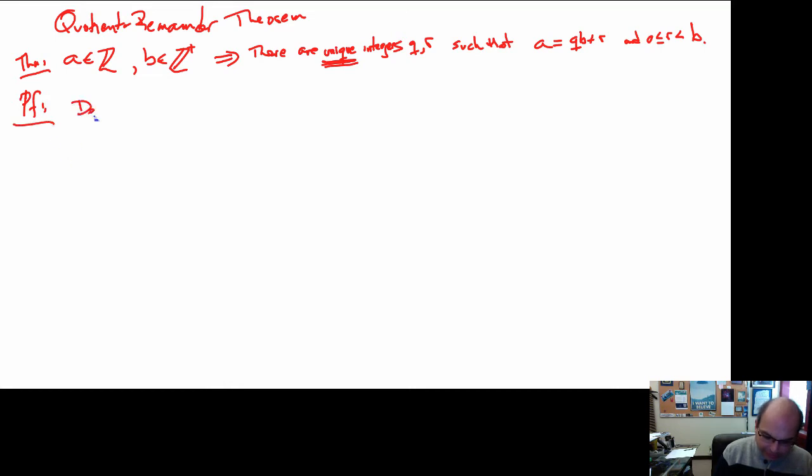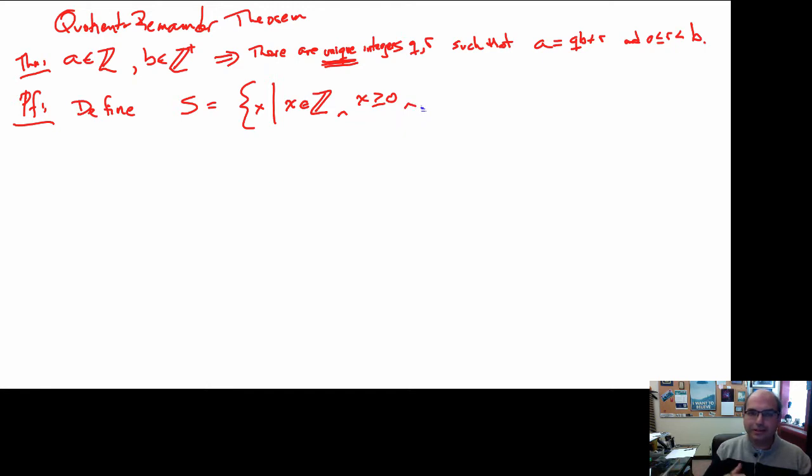Let's define S to be a set of integers that are greater than or equal to 0. I could have just said it's a set of natural numbers, but I wanted to do it this way.